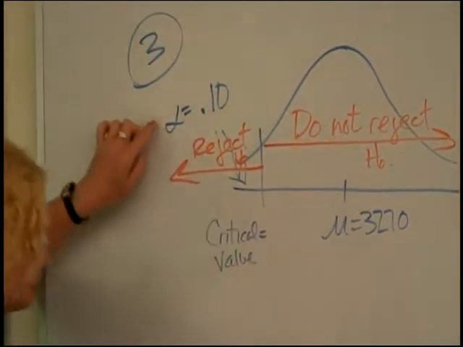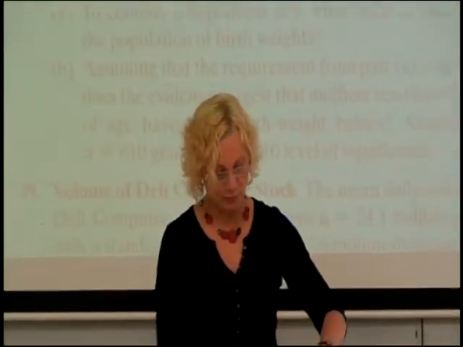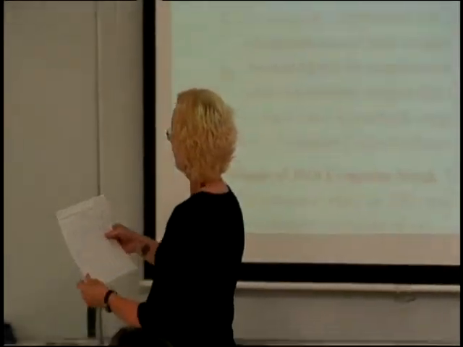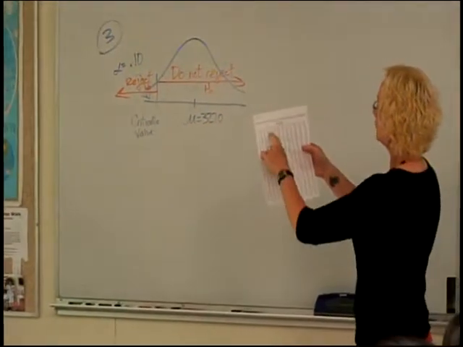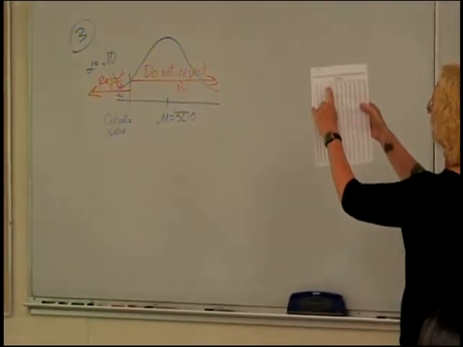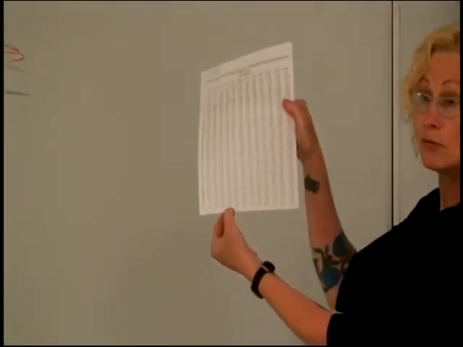Okay, so our critical value, the easiest way to find that is you can take a copy of your t-table. The bottom row of your t-table is z-scores. So look at 10% in a tail. Go all the way to the bottom, and you've got 1.282.